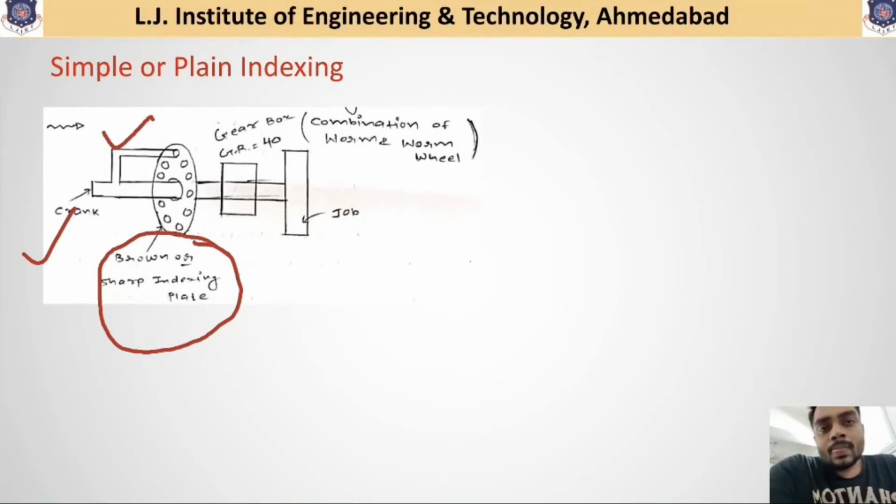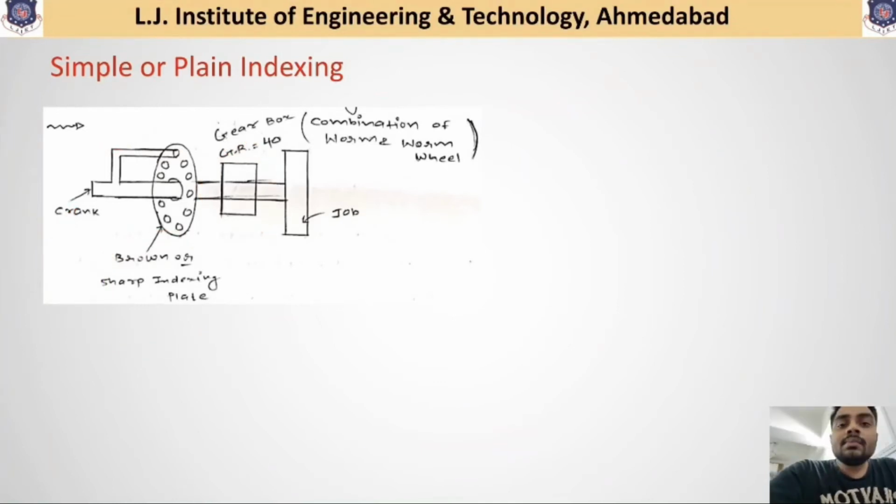Now we have seen that this universal dividing head consists of a worm and worm wheel arrangement, and it has a fixed gear ratio, that is 40:1. Further, I am repeating it: what is the meaning of the 40:1 gearing ratio?